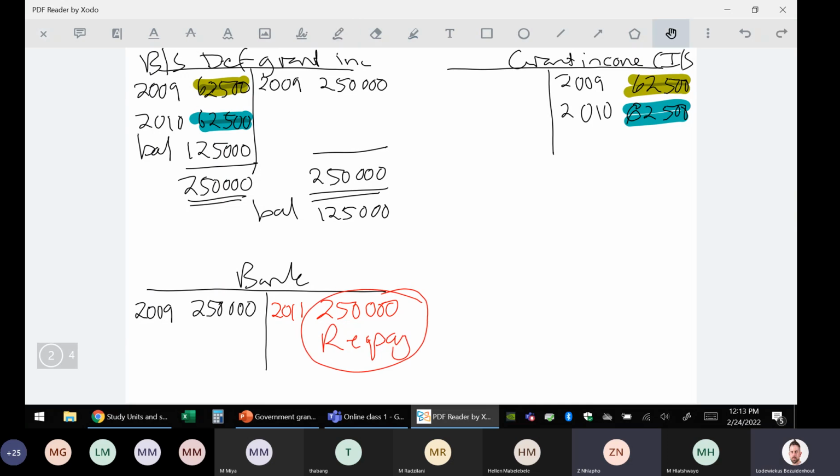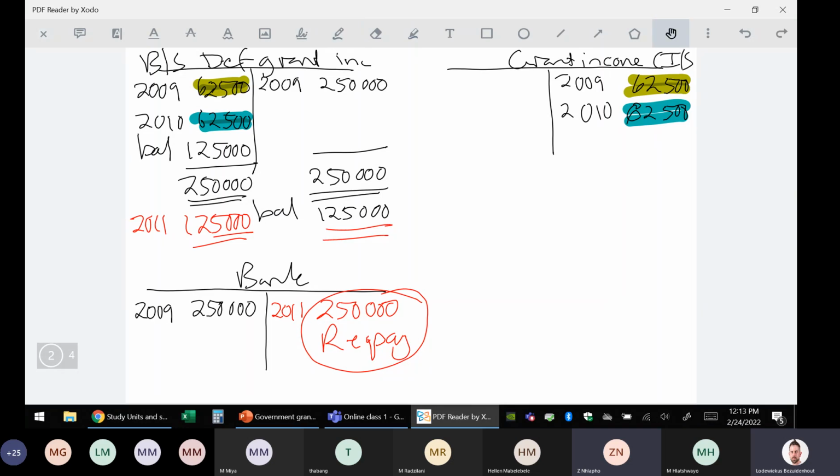For each debit, there is a credit. All right, we've got a credit of 250. The statement says we first look what is the balance on the deferred grant income account, and we take that first. So the balance is 125. So in 2011, we will say 125 debit, and now our deferred grant income account is 0.